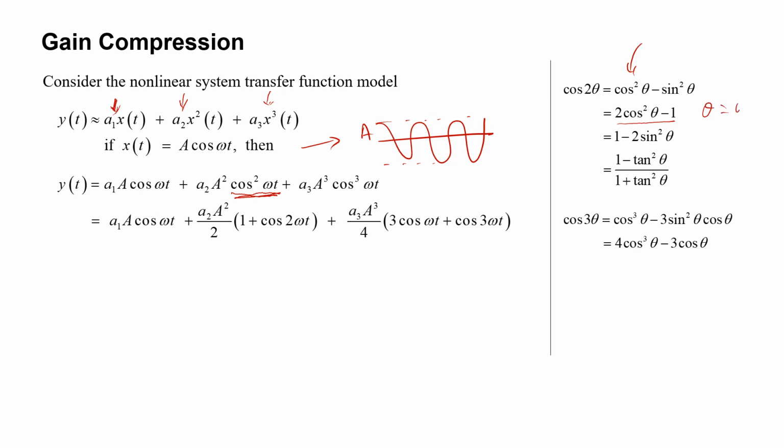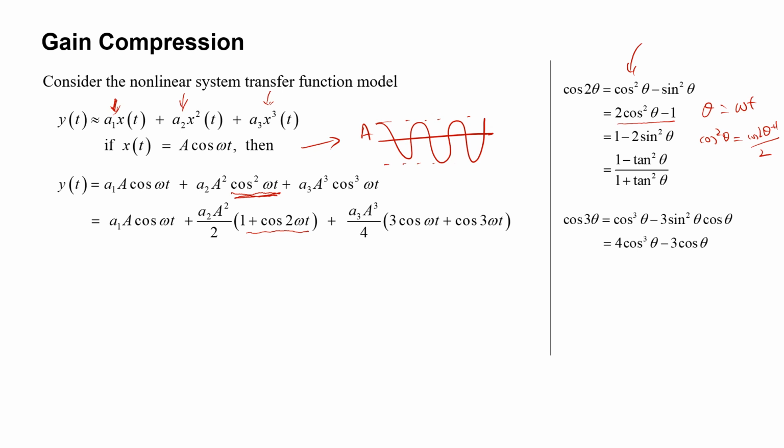Here theta is actually omega t. So if I take this value and put it here and push the other value on the other side, let me try to derive it for you guys. So cos square theta should be equal to cos 2 theta plus 1 divided by 2. Yep, we can push it here as 1 plus cos 2 omega t divided by 2, that comes out of the bracket.